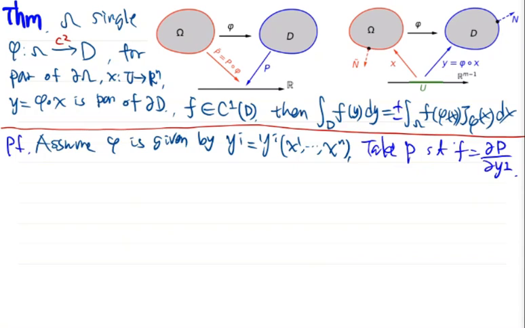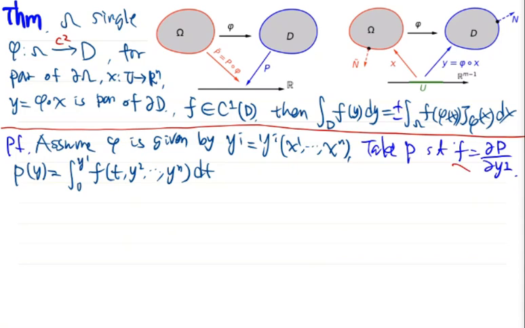Actually, p can be given in this way: p of y is the integral from 0 to y1 of f(t, y2, ..., yn) dt. Then you can prove that this p satisfies this requirement.